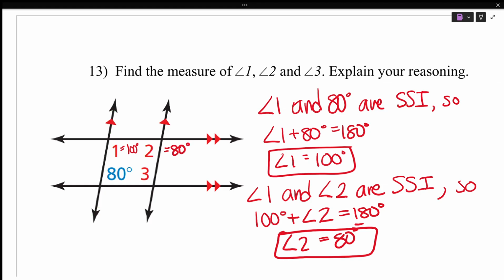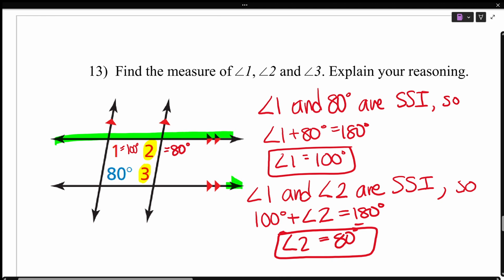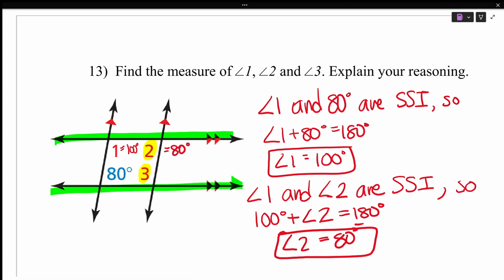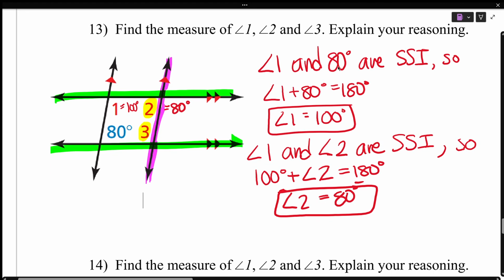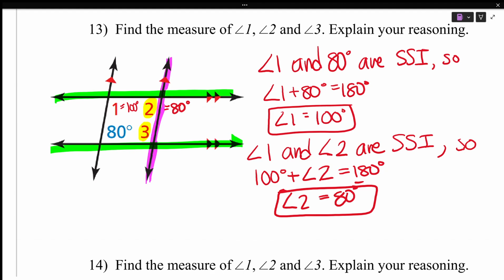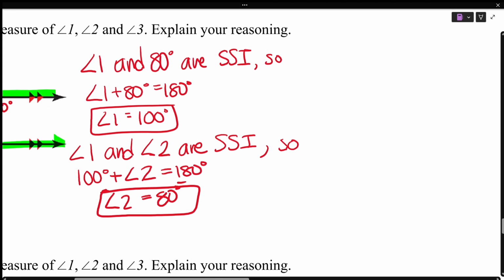Okay. Now, last one. Let's look at angle 2 and angle 3. Again, parallel lines are here. Transversal line is this one now. Okay, what do you think angle 2 and angle 3 are going to be? Yeah, there you go. You guessed it. Same side interior.